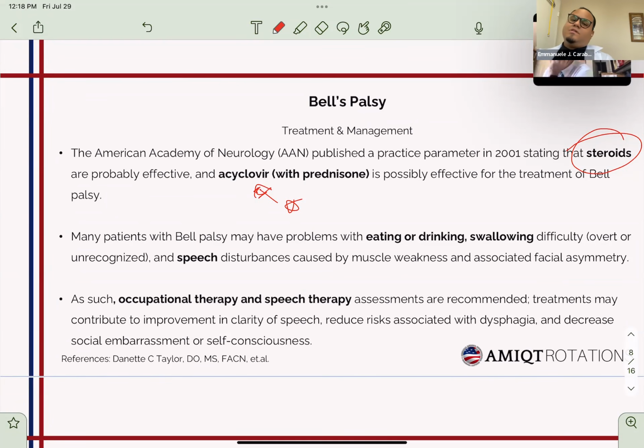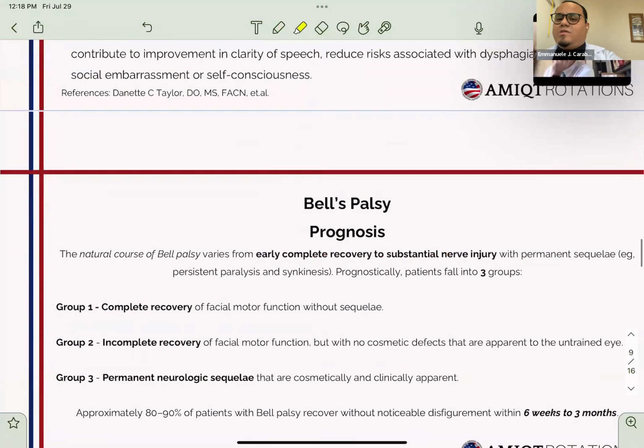So occupational therapy and speech therapy assessment is recommended, in order to make the patient as functional as possible. That's the most important thing, because the patients have to work, they have a life, they have family.